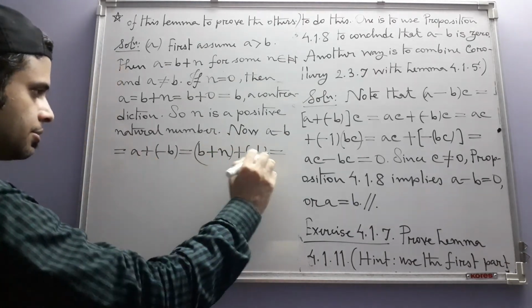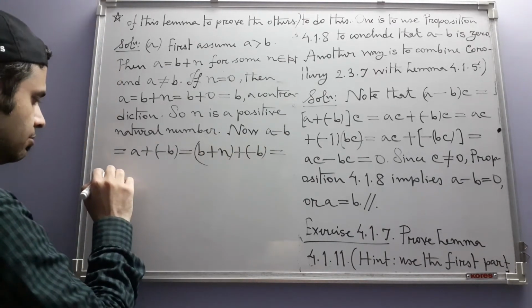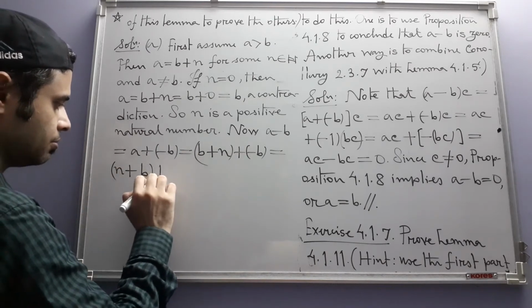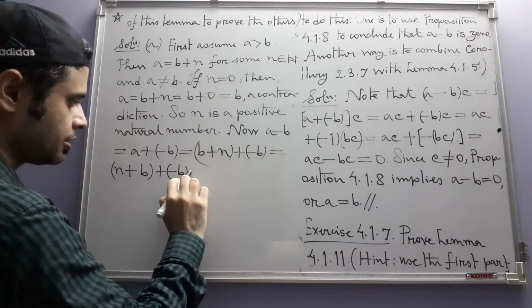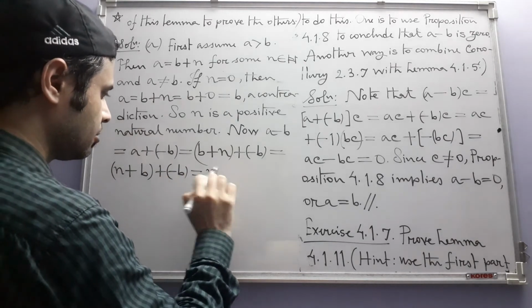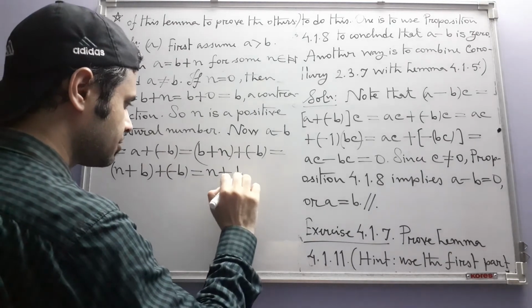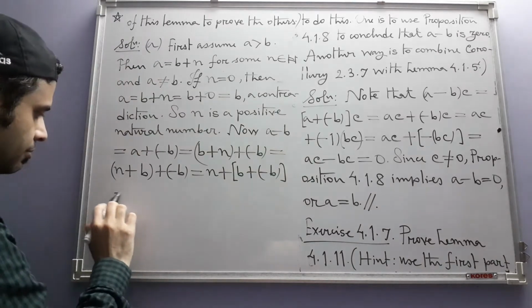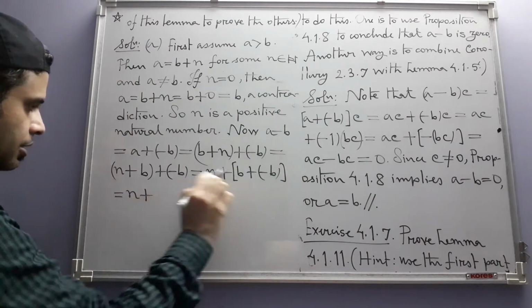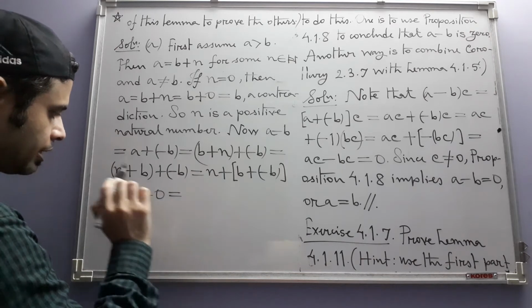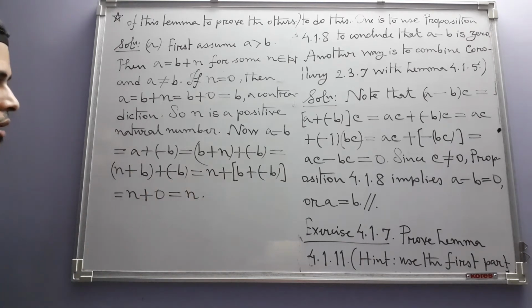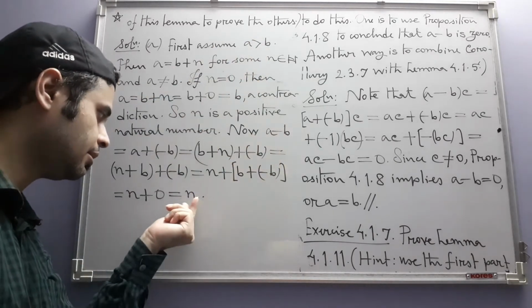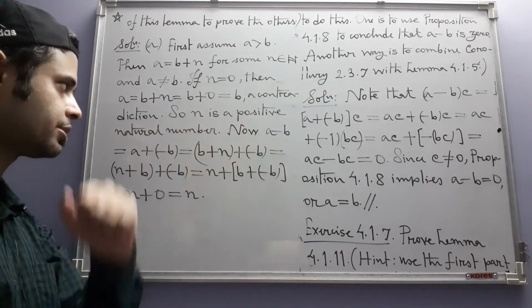So this is equal to, in place of b plus n, we can write n plus b, because addition of integers is commutative. Addition of integers is also associative, so we can write this one. Then this is 0. Again, by using one such identity, this is equal to n. So we have proved that if a is greater than b, then a minus b is n, where n is a positive natural number.